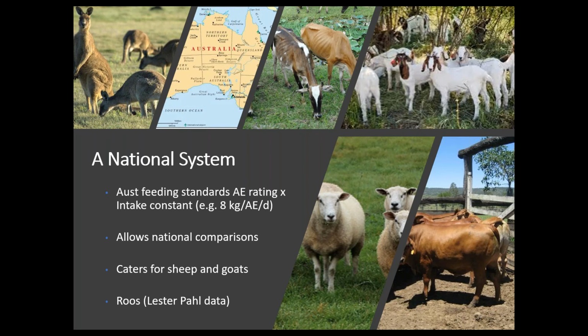You're drawing on some work that Lester Paul has done on a national basis, which we think is important to be able to look at different production systems, different businesses, and have a common currency, as Col said before, to be able to compare them on, which means you're all talking like for like, which is important.